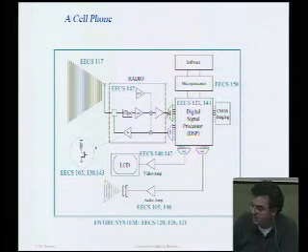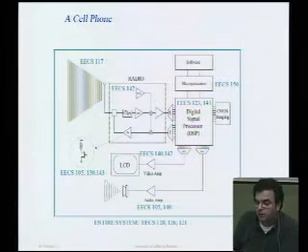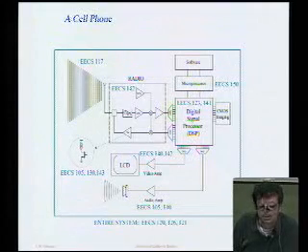Now, as I mentioned already, this course is the front end. We don't deal with this part, the antenna. We also don't really deal with the digital side of things. So our concern in this class is to take the information in analog form and to basically down convert it to a lower frequency where we can digitize it and then process it with digital circuits.